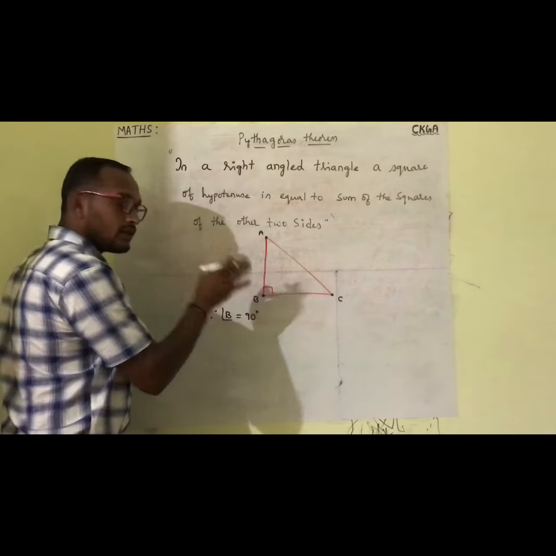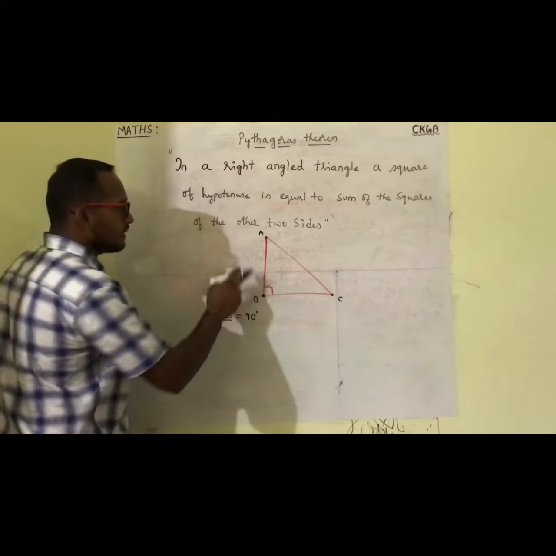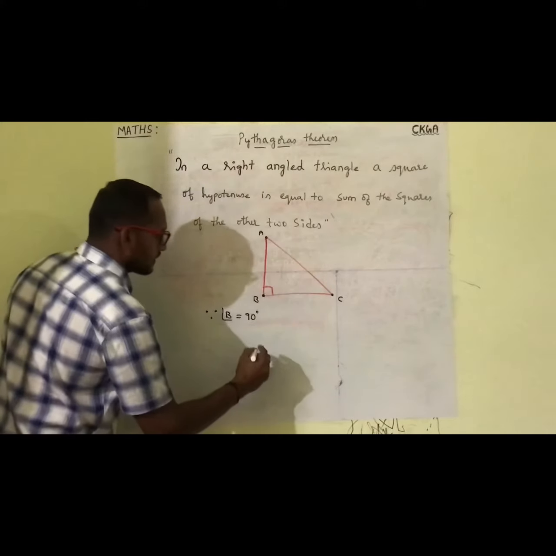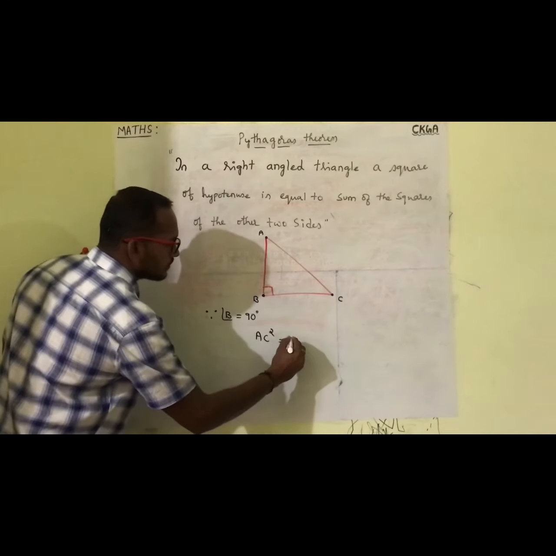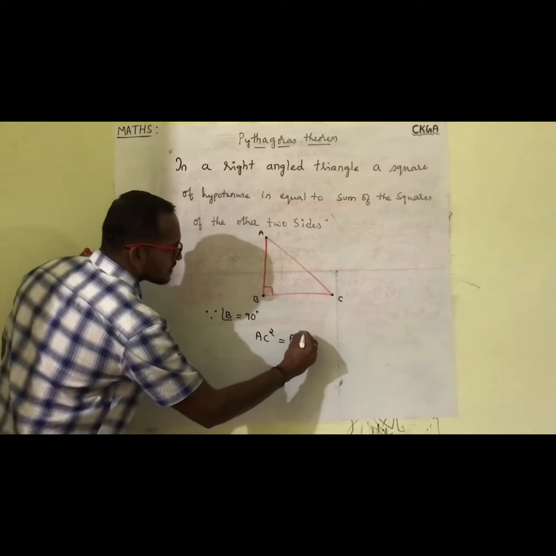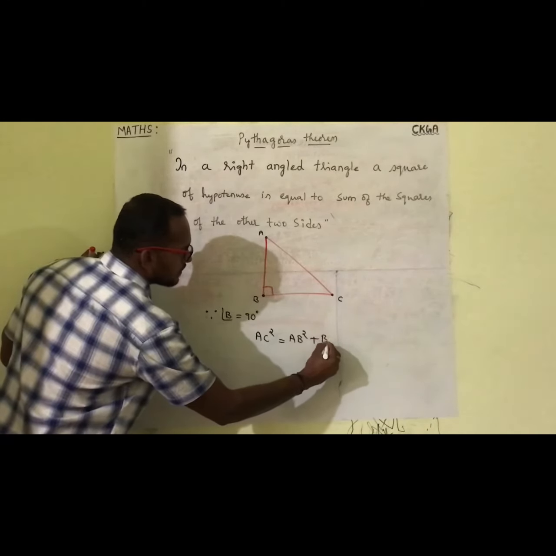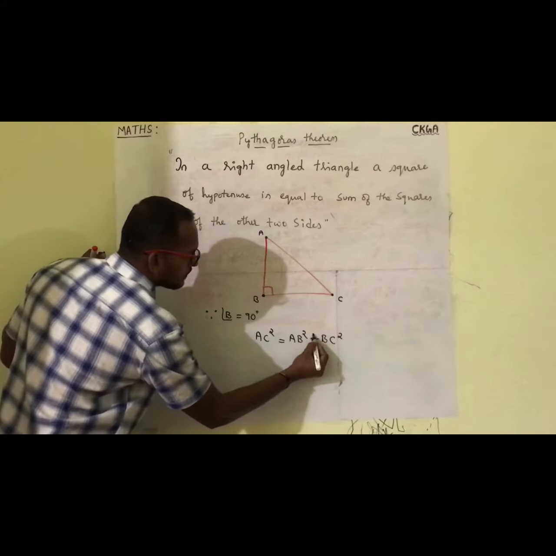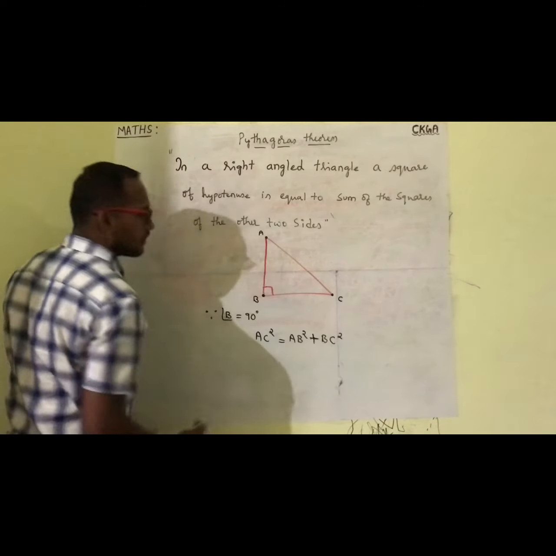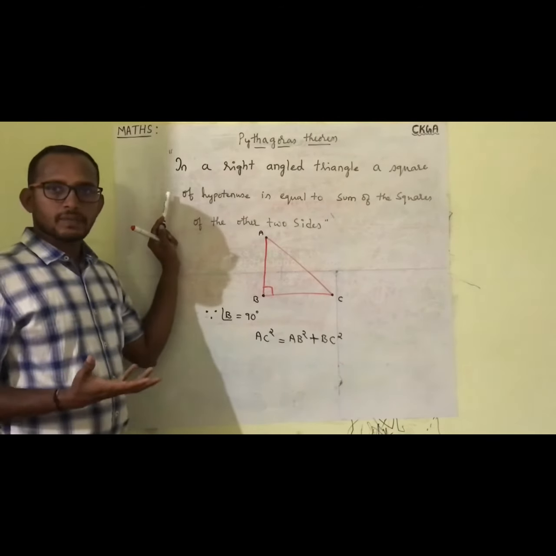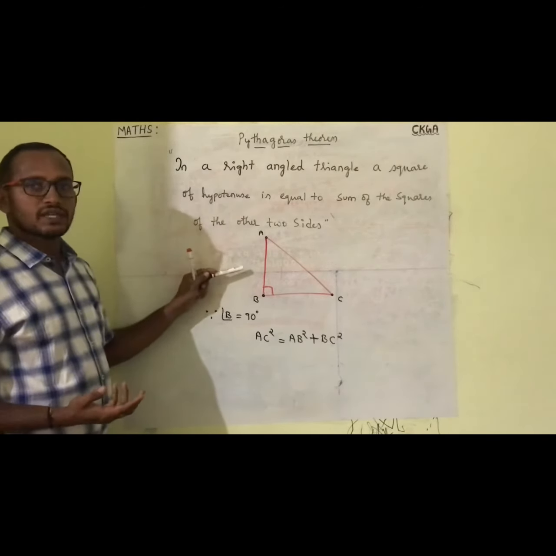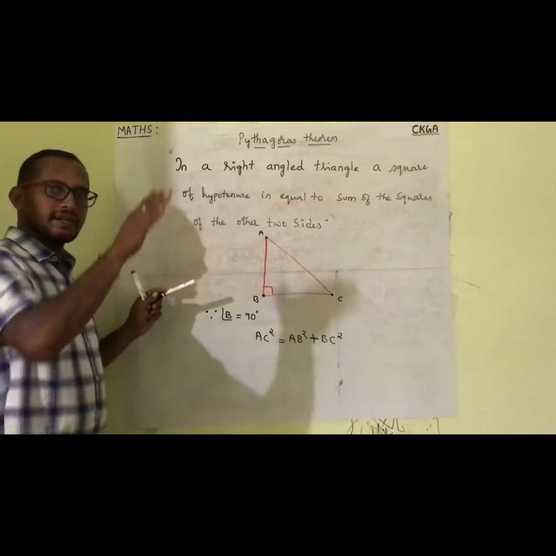Angle B should be 90 degrees. Then you could write according to Pythagoras: AC square is equal to AB square plus BC square. Take this as a note, don't forget it. This was a definition or statement of the Pythagoras theorem.